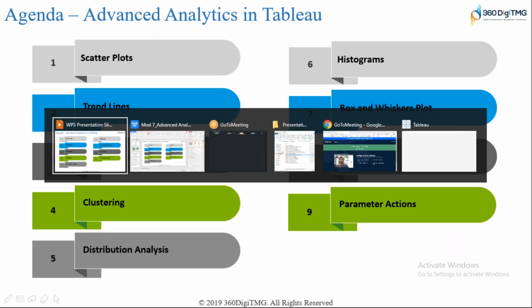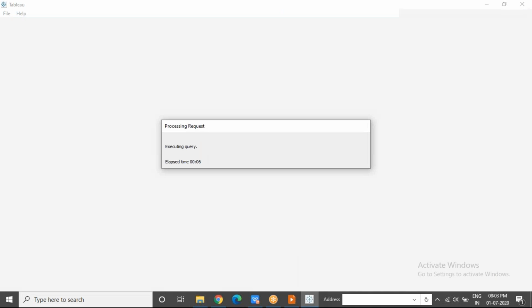So yesterday we did reference lines, reference band, reference distribution, and we are supposed to discuss bullet chart, right? So we'll do a recap on that concept and do bullet chart. I'll get connected to Sample Superstore first.